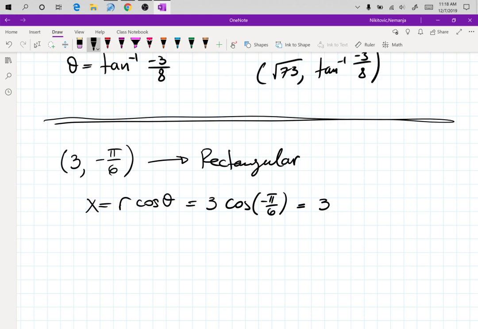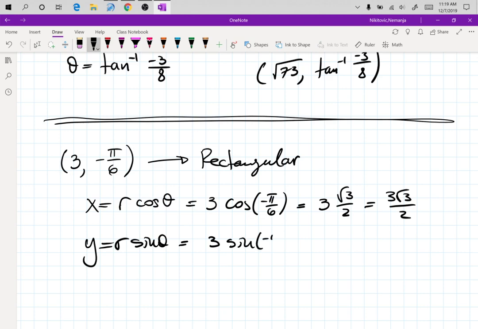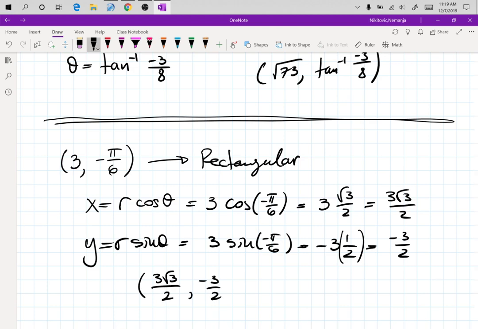So that's 3 times root 3 over 2, and you get this wonderful coordinate for x, and then y is r sine theta, which is 3 times sine of negative pi over 6, which is negative 3 times 1/2, which is negative 3/2, and the point you are looking for is 3 root 3 over 2 and negative 3/2. Yeah, right?